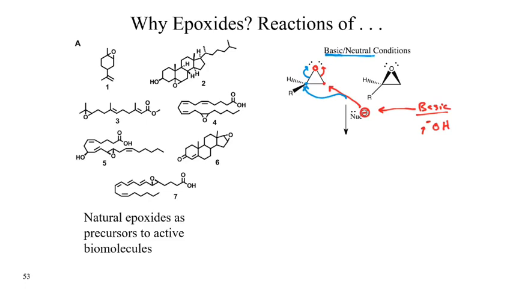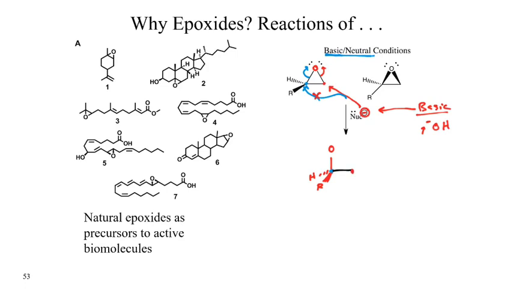The red site is less sterically hindered, which means the red site is more likely to happen, and our epoxide will open with the oxygen connected to the blue carbon and our nucleophile connected to the red carbon.